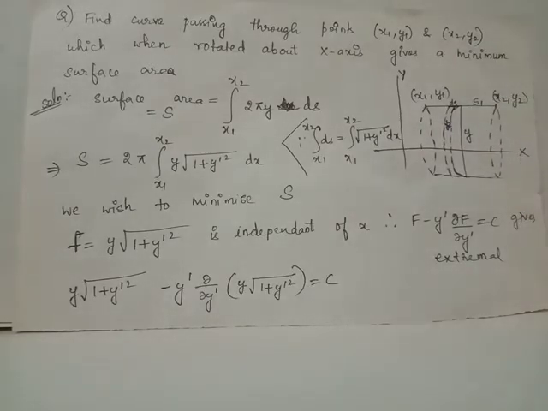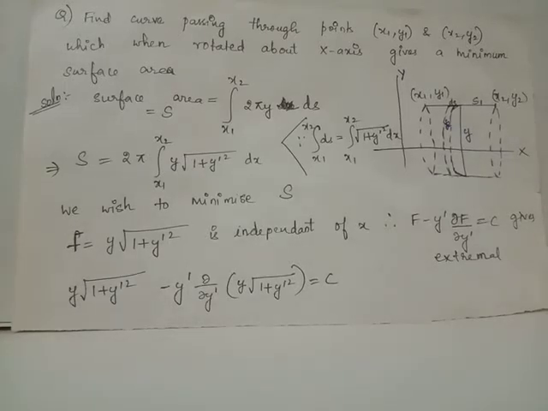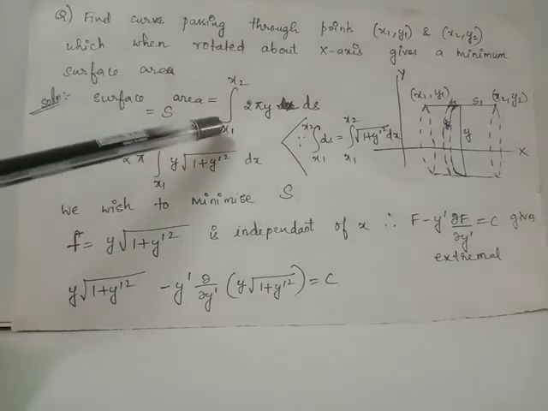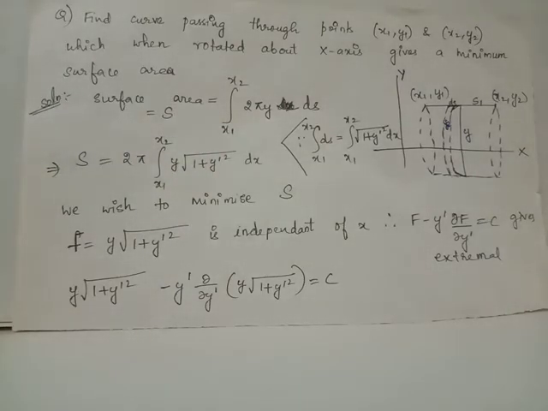Suppose capital S is the surface area of the solid generated when the curve rotates about x-axis. Then the solid generated will have surface area capital S equals 2 pi into integral x equals x1 to x equals x2 of y ds. Or we have the surface area of the solid generated will be integral x1 to x2 of 2 pi y ds.